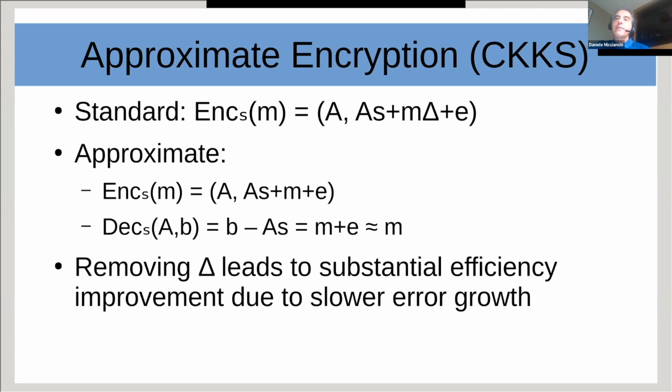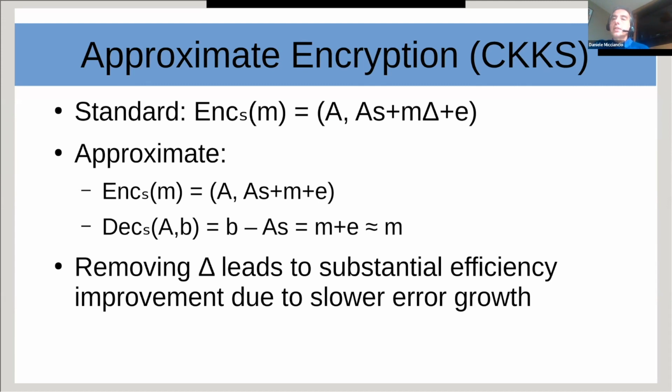This efficiency comes from the fact that lattice encryption is performing some form of error correction on the message, taking the message M and scaling it by a factor delta in order to correct the error in the end. Now, if you remove this factor delta completely, CKKS does something slightly different. There is still a factor, and it is also called delta, but for a different purpose, for the purpose of using floating point numbers rather than just integers.